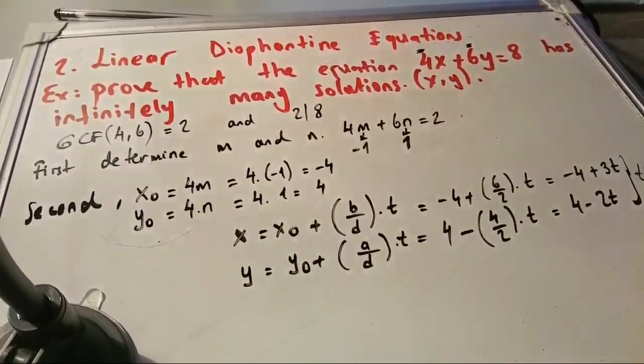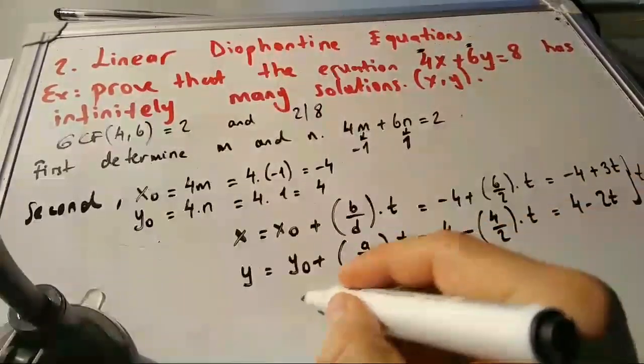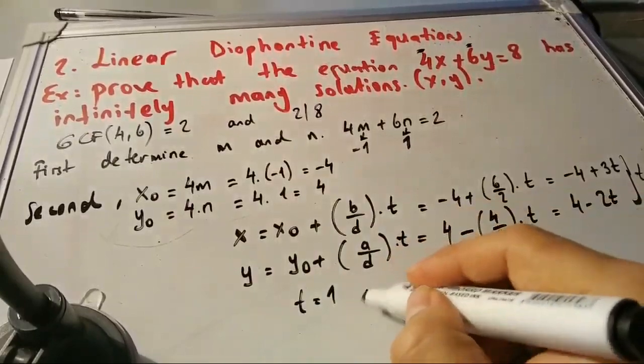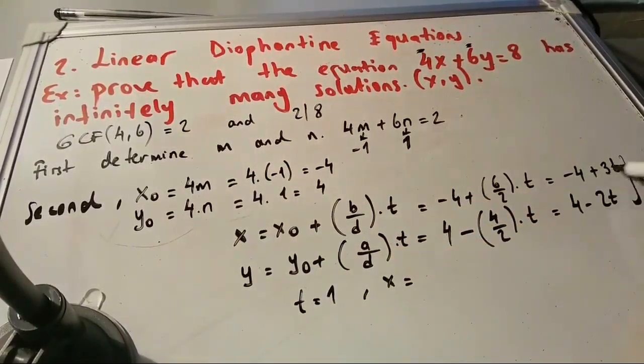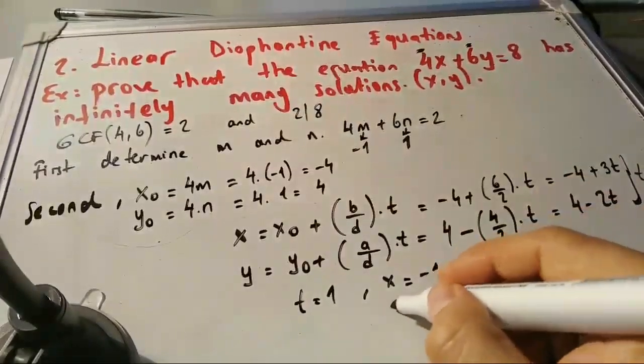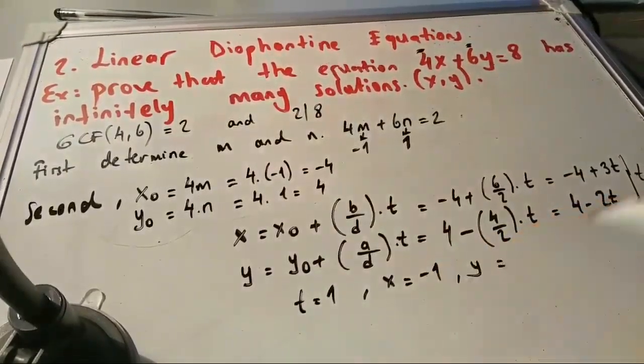t is an element of the integers. For example, let's take t as 1. So what is the value of x? 3 times 1 is 3, minus 4 is -1. y is 4 minus 2 times 1, which is 2.